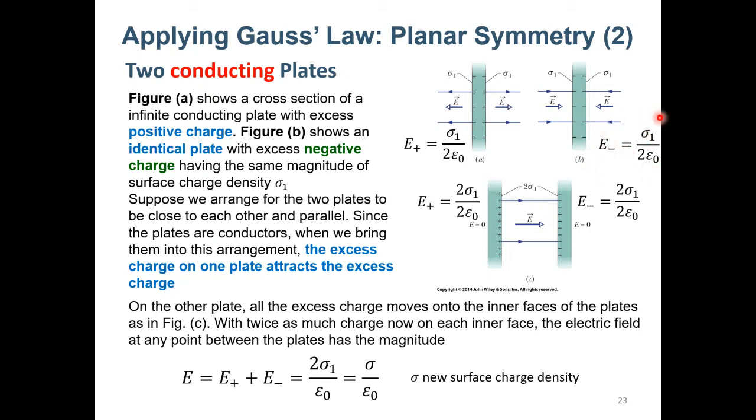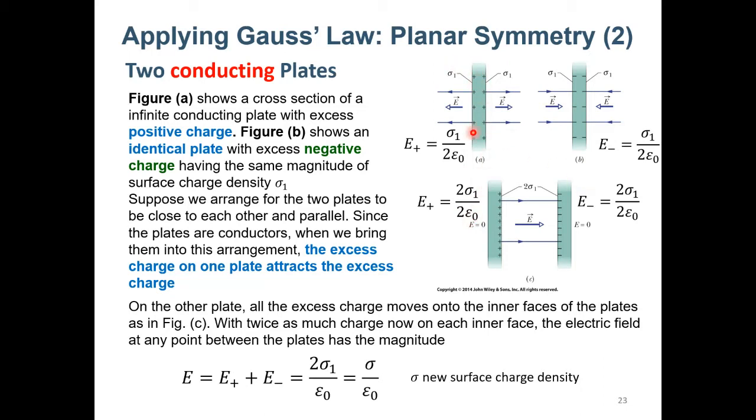The magnitude is actually the same, sigma 1 over 2 epsilon 0, but the E field points to the right side on the left part, and the E field points to the left side on the right part. So the magnitude is the same, but the direction is opposite. Suppose we put these two plates close.